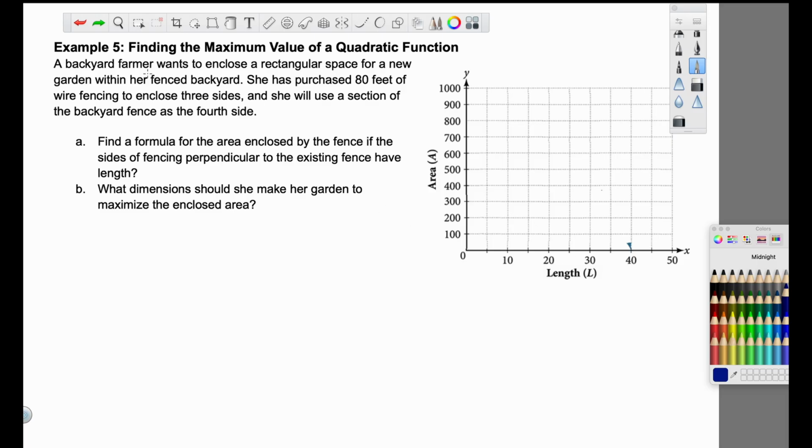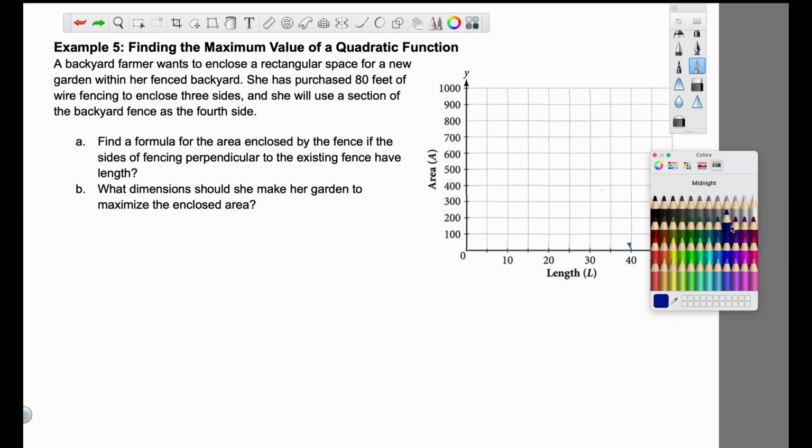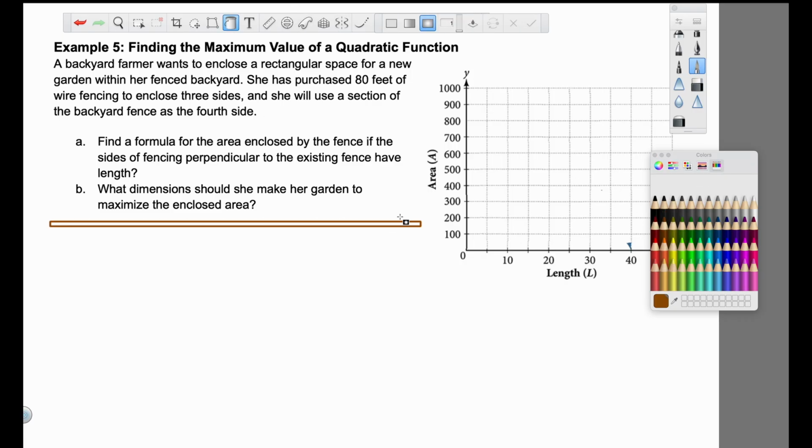So we have a backyard farmer who wants to enclose a rectangular space for a new garden within her fenced backyard. She has purchased 80 feet of wiring fence to enclose 3 sides and choose a section of her backyard fence as the 4th side. So we have some sort of backyard fence here, that's our fence.